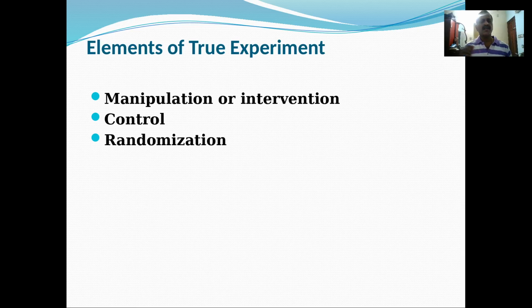And the second form of control in the true experimental study is the amount of control exerted by the researcher over the independent variable. How effectively they are controlling the independent variable and how effectively they are controlling the extraneous variable, the external variable that we are not studying, but that may affect the independent variable.